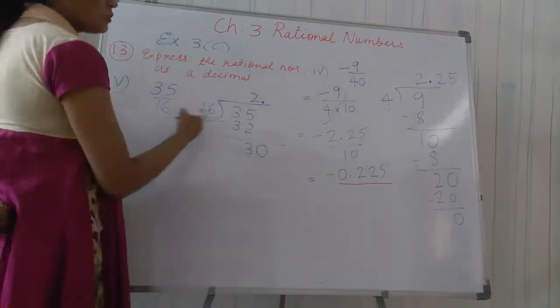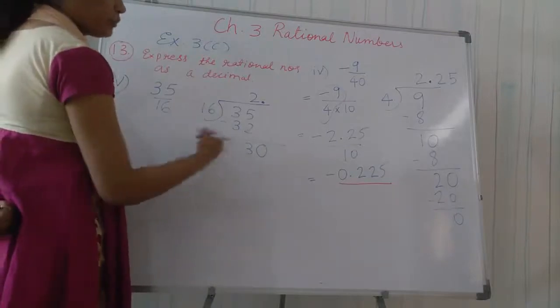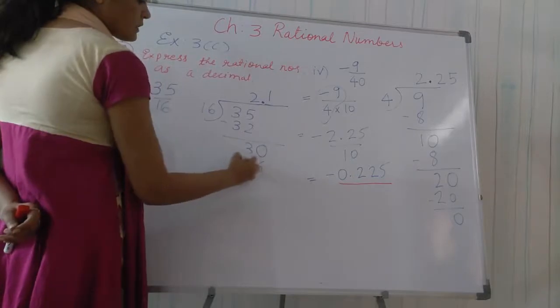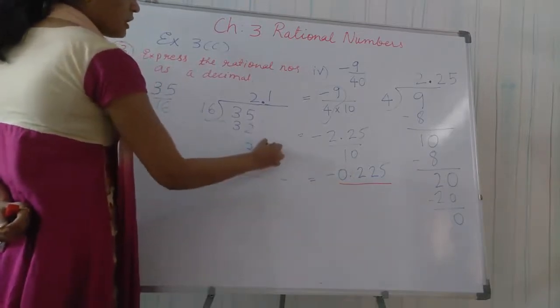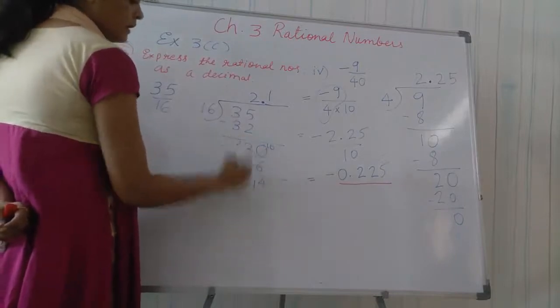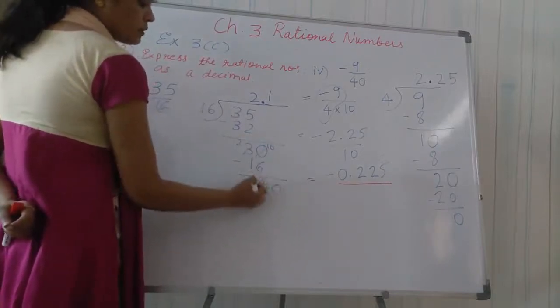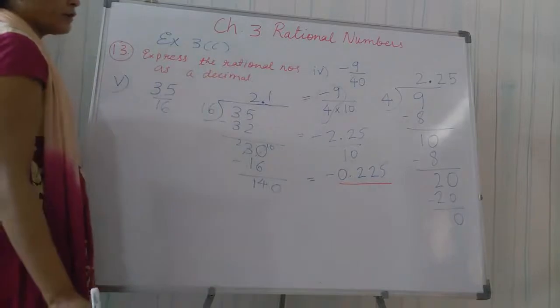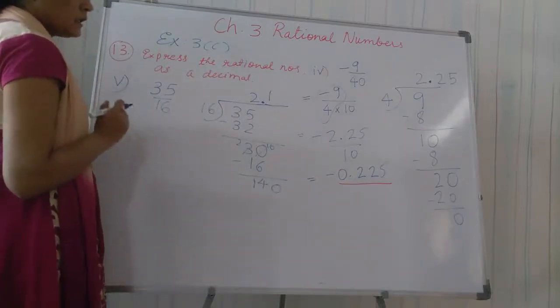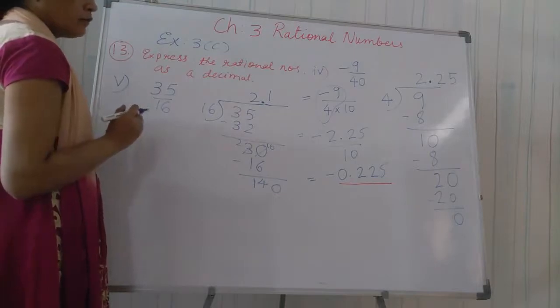So 16 2s are 32, which I cannot put here, so I write here 16 1s are 16. So by subtraction 10 minus 6 is 4, 2 minus 1 is 1. So I get one more 0 here, so 140. So now in the 16 table, 16 9s are 144.